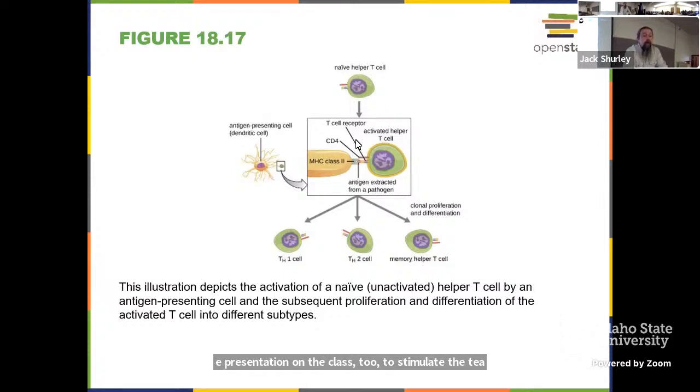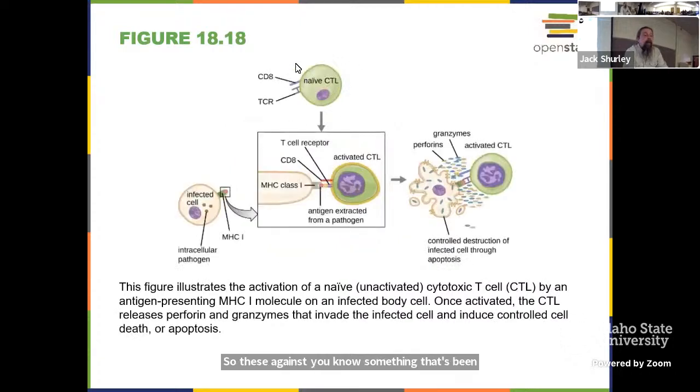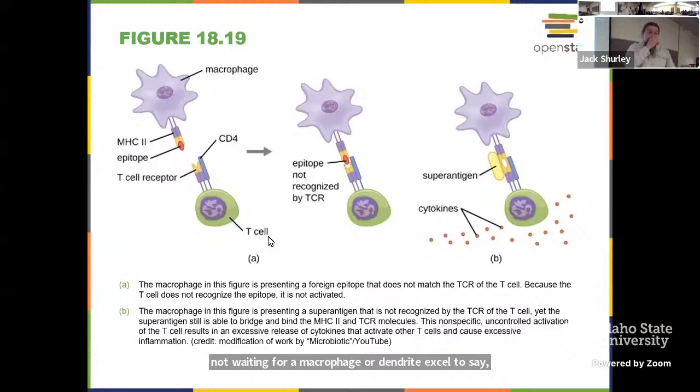So these are against something that's been found as foreign, and the CD8 or cytotoxic T cells are surveilling our own cells, not waiting for a macrophage or dendritic cell to say, look, what's up, all right? It's our own cell saying, come on, help.